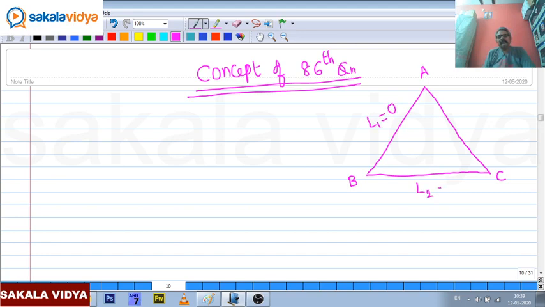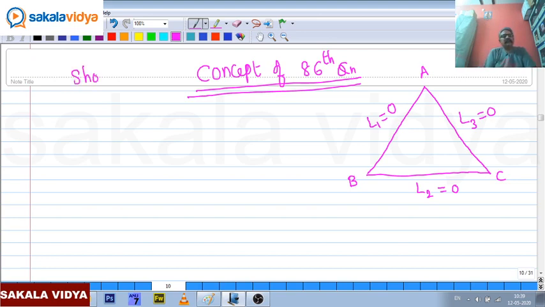Equation of BC is given, L2 is equal to 0. Equation of CA is given, L3 equals to 0. For example, if you want to find out the orthocenter of the triangle formed by the lines L1 is equal to 0, L2 is equal to 0, L3 is equal to 0, we follow this shortcut.